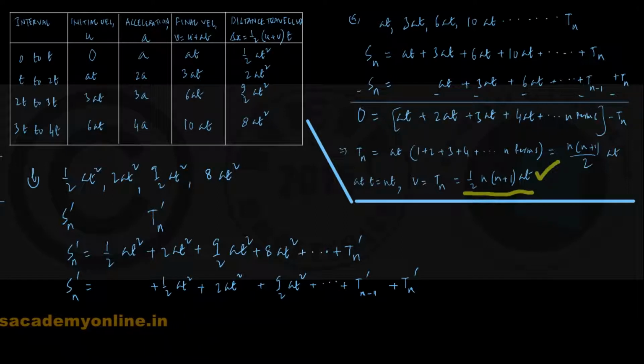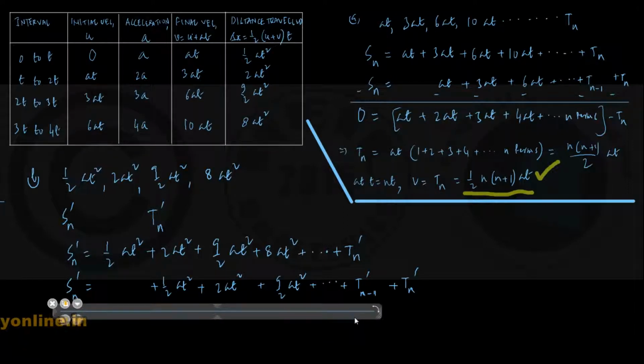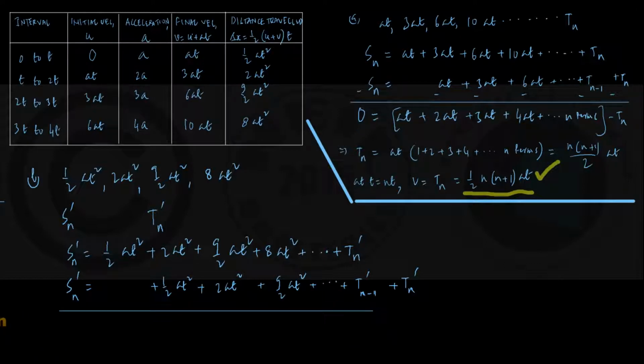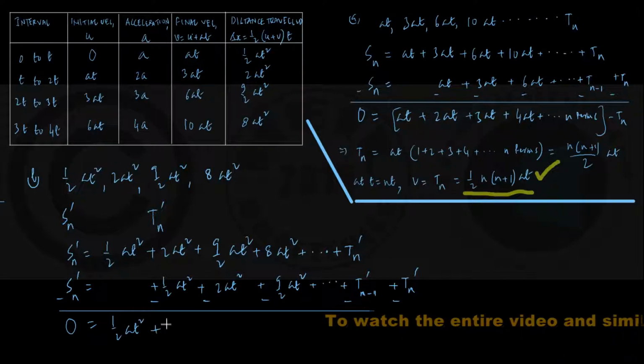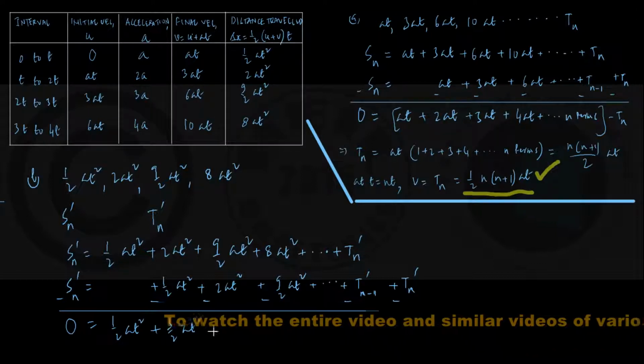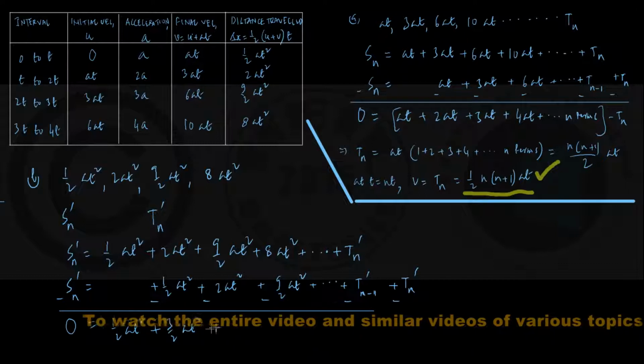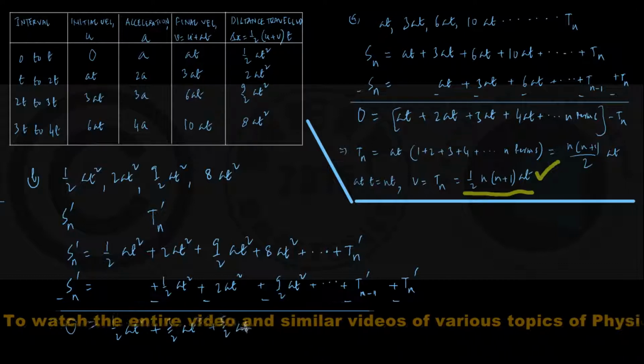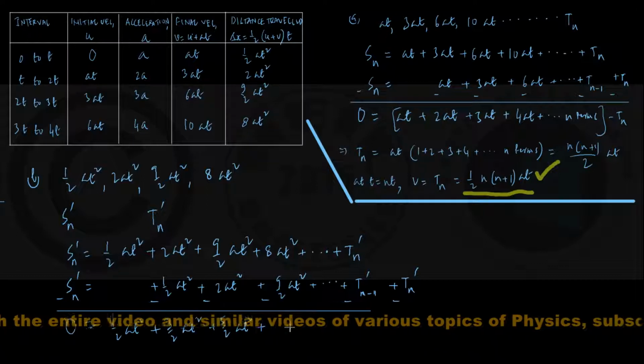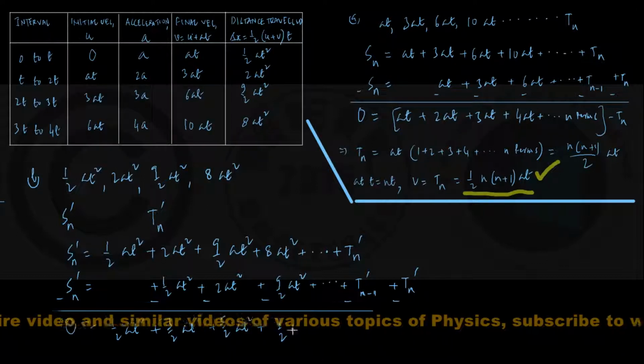Once you have written so far, let's once again subtract these two equations, and these all get subtracted. Now Sn dash minus Sn dash gives me 0 on the left-hand side. On the right-hand side, this is half at square, plus 2 minus half, 3 by 2 at square, 9 by 2 minus 2, this is coming out to be 5 by 2 at square, 8 minus 9 by 2, that is 7 by 2 at square.